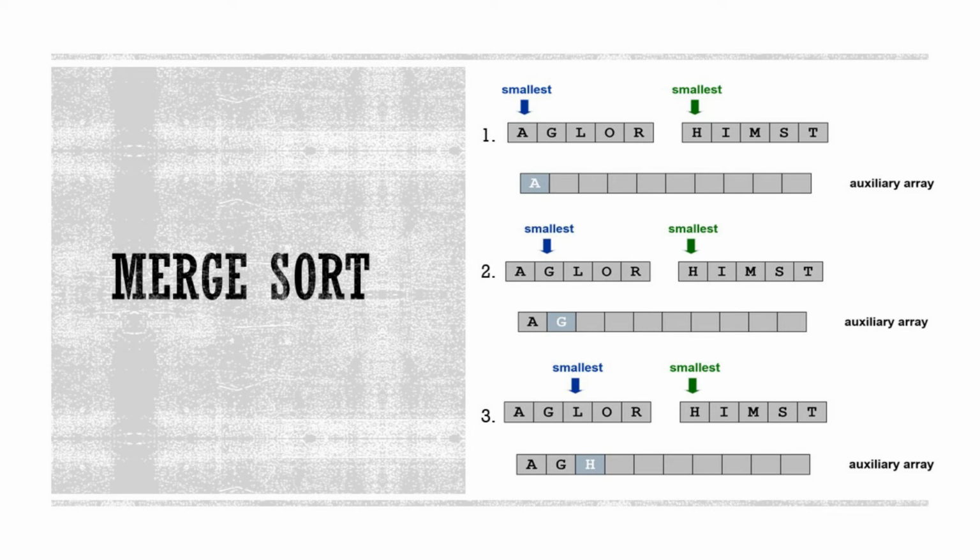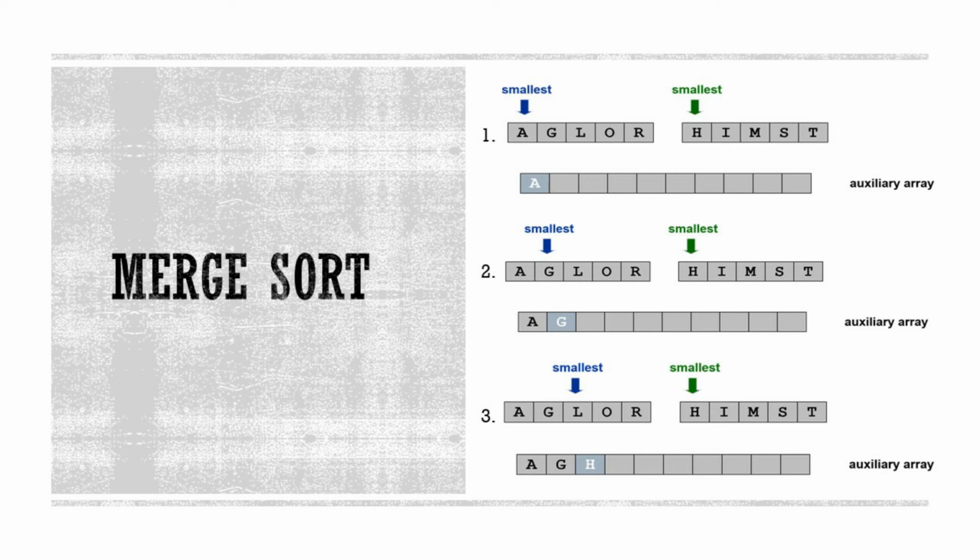So we must compare the first element of both halves. For the first half we have A, and the second half we have H. So the smallest one is A compared to H. So we put A into the auxiliary array.